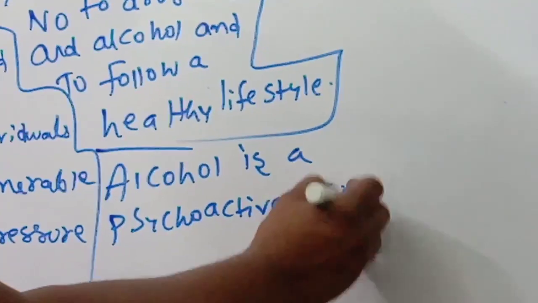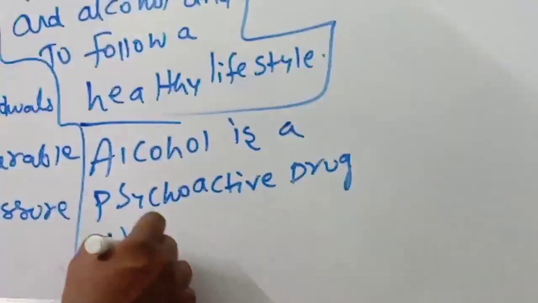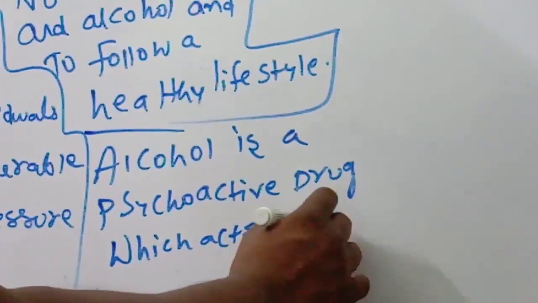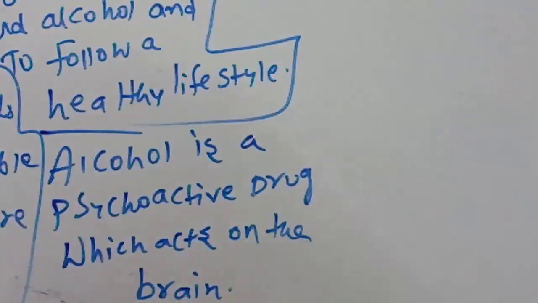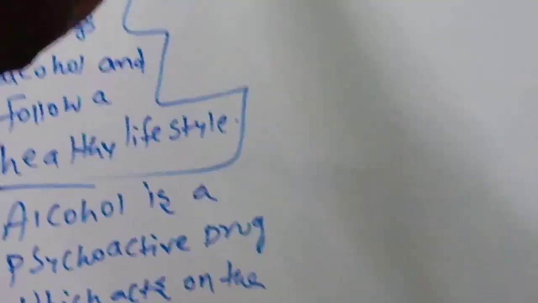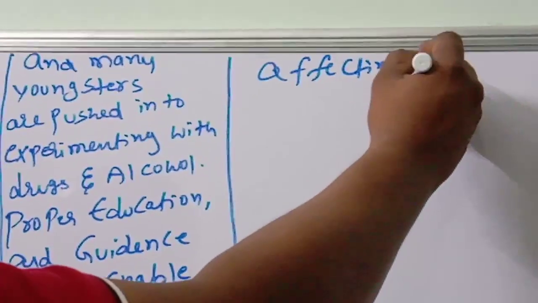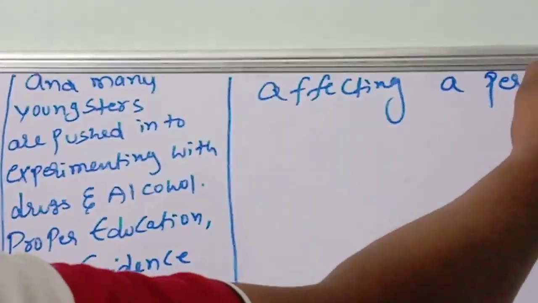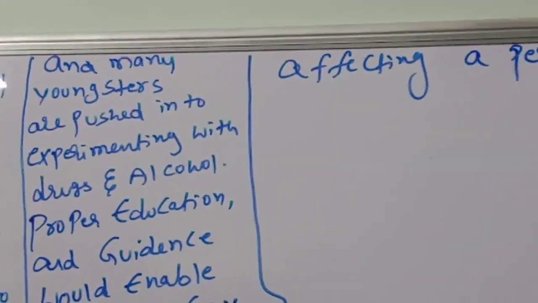Alcohol is a psychoactive drug which acts on the brain, affecting a person's mind and behavior.